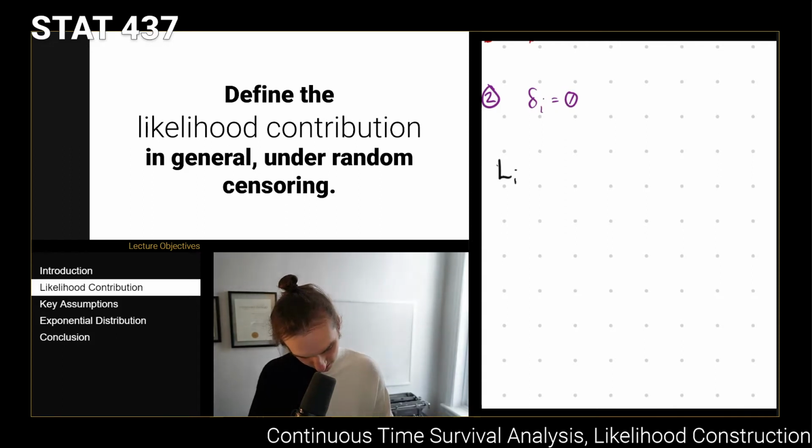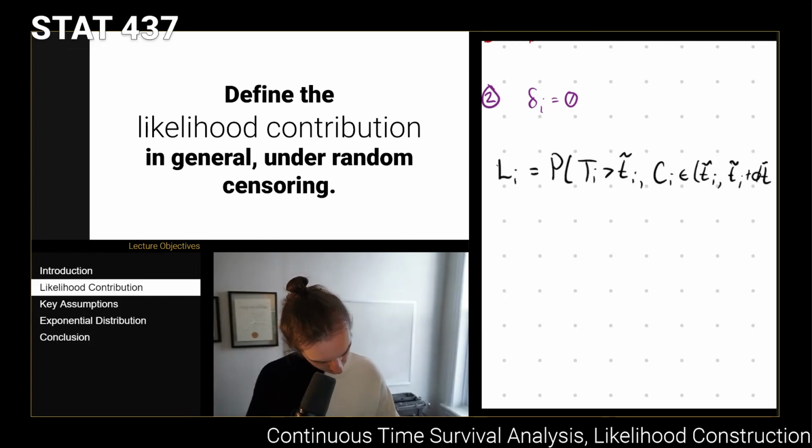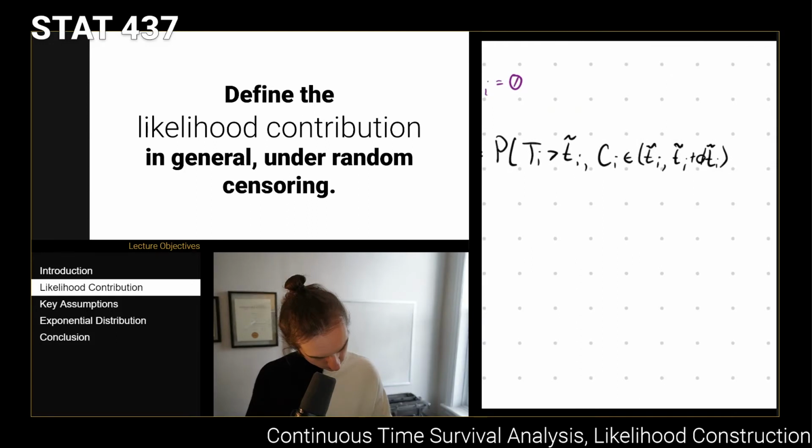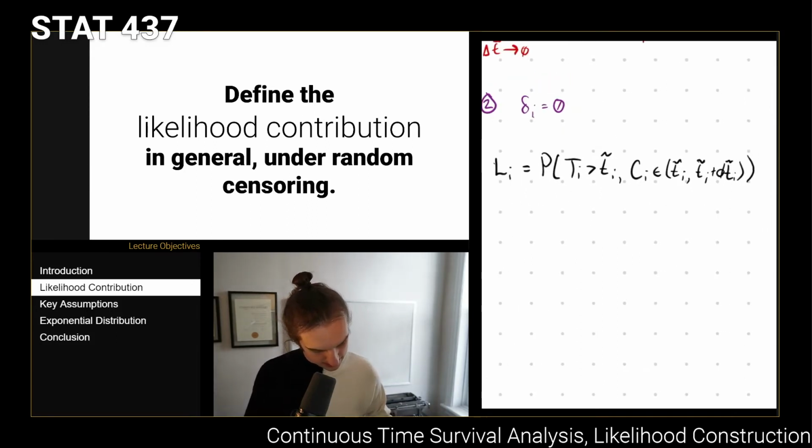The idea is that for an individual who we observe being censored, what we know is that ti has to be at least as large as our observed time. And in this case, ci now has to be in that interval that we were just talking about. Right? And so it's the exact same process where we've flipped the roles of ti and ci.